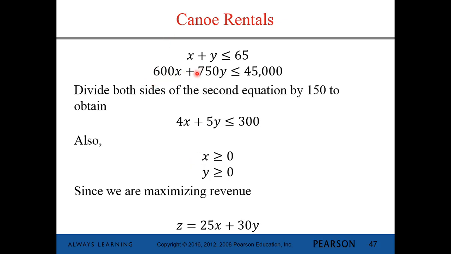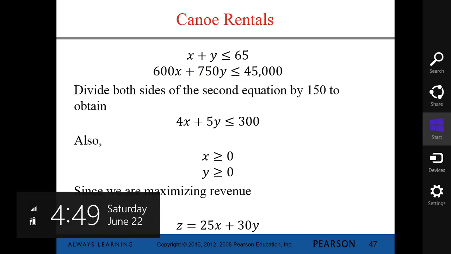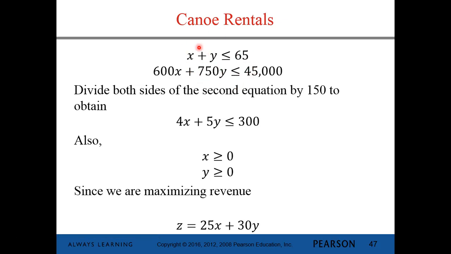Now we can divide this by 150 like they do, because remember from our previous chapter that we can multiply an equation or an inequality by a non-zero number, and it won't affect the solution of the system for X and Y. So this inequality reduces to this inequality.